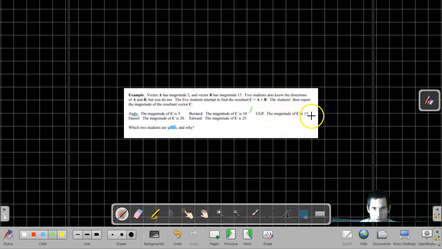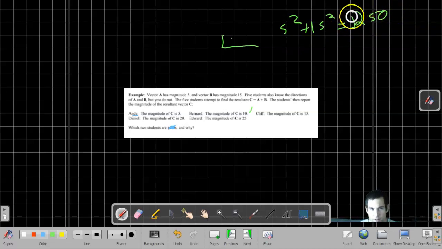Cliff, the magnitude is 15. How could we get something close to 15? Because I don't think we can get 15. But if we have this is 5, and we say this is 15, this right here could be something similar to 15. Using Pythagorean theorem, you would do 5 squared plus 15 squared, and that would give you, whatever, 250.